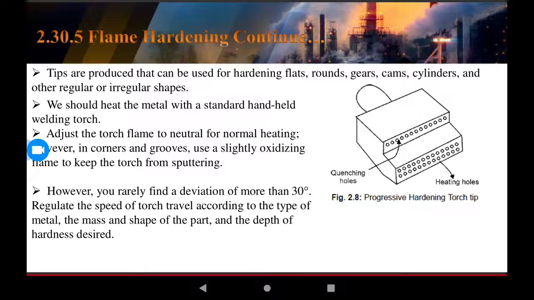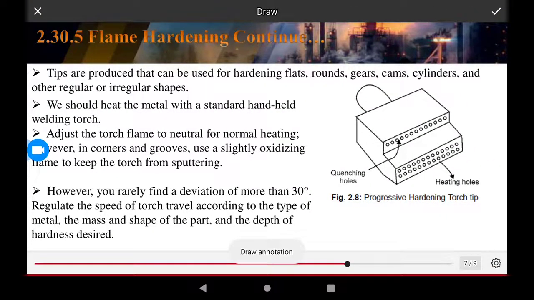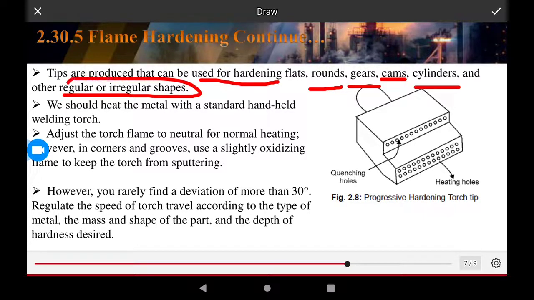Flame hardening continued. This process can be used for hardening flame around gears, cams, cylinders, and other regular and irregular shapes in surface hardening.